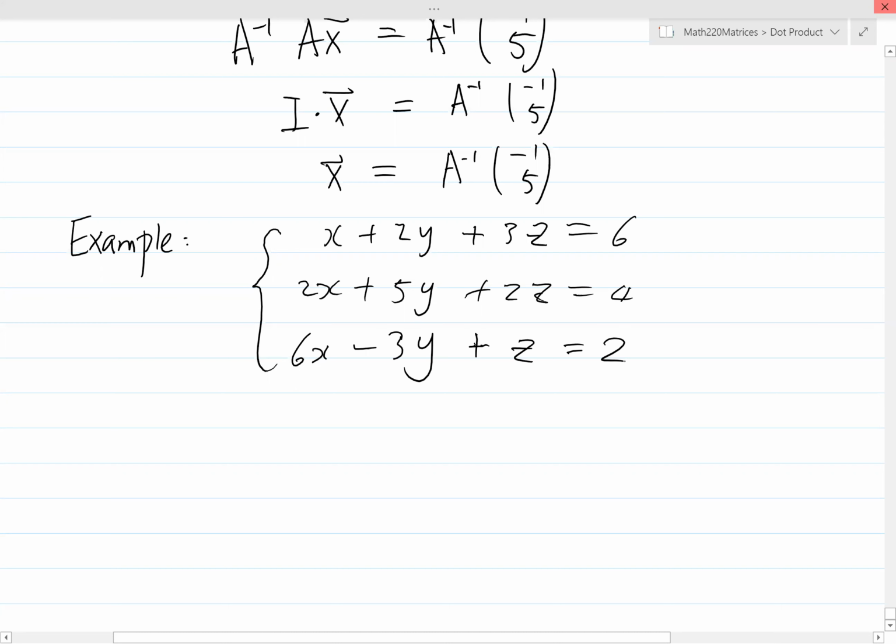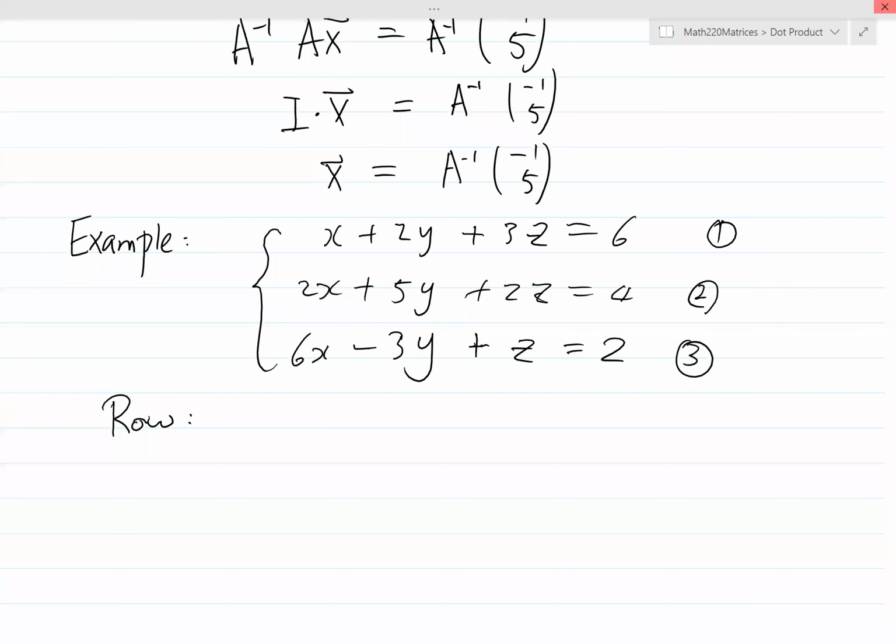There are several different points of view. For instance, if we do the row picture as we did last time, with two variables, each equation defines a plane. Remember we talked about how to write down the equation of a plane in XYZ space.